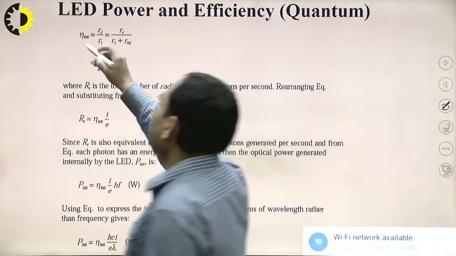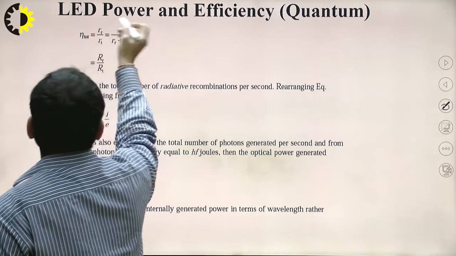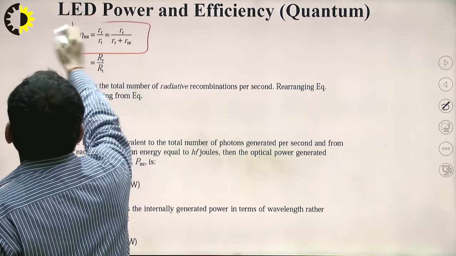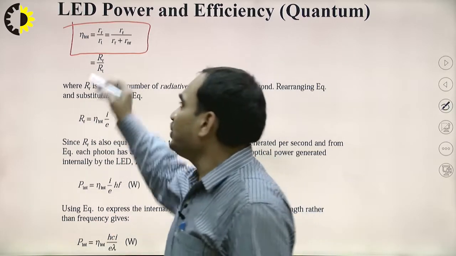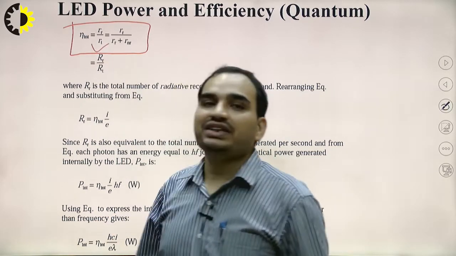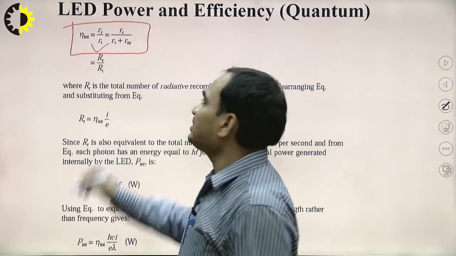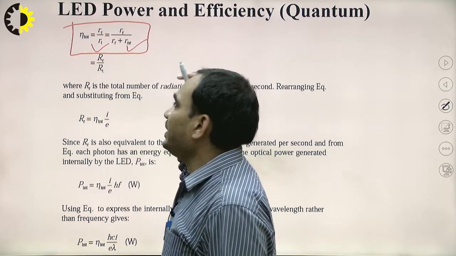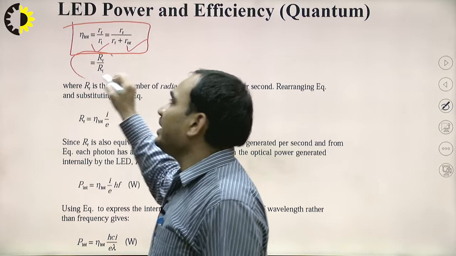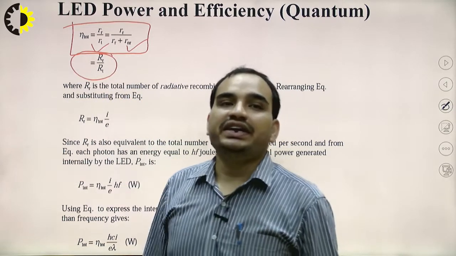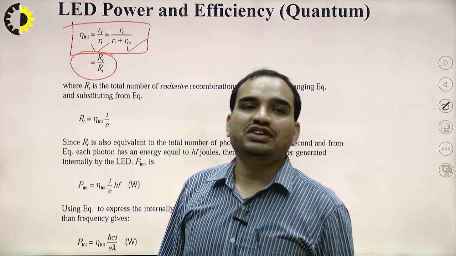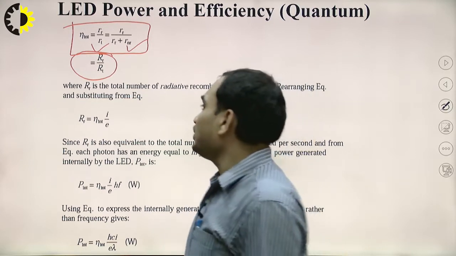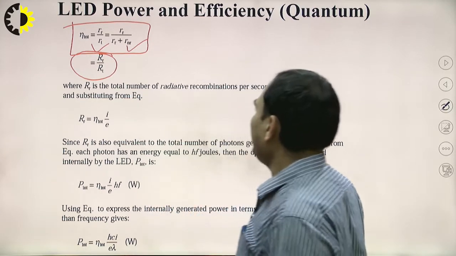That is, the internal quantum efficiency equals the radiative recombination divided by the total recombination, and the total recombination is nothing but R_R plus R_NR. So we can write the efficiency as the radiative recombination rate divided by the total recombination rate, where R_R is the total number of radiative recombinations per second.